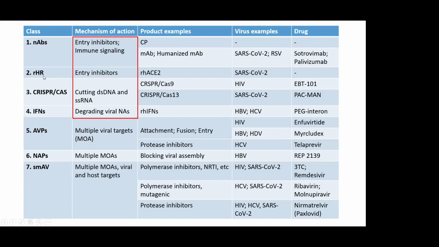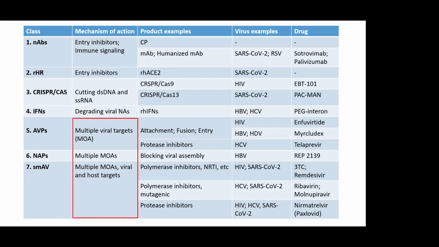The recombinant human receptor, same way. The CRISPR-Cas9, I said it cuts the double-stranded DNA and the single-stranded RNAs, and the interferons, we know it degrades viral nucleic acids and also signals to the uninfected cells around the place to get ready to fight the virus or to stop it from being infected.